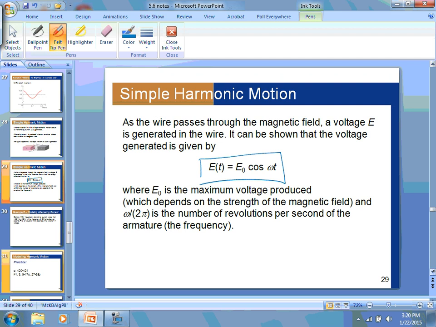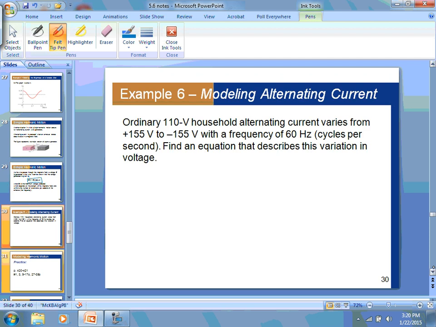So here, let's say that we have an ordinary 110 volt household alternating current, varies from 155 volts to negative 155 volts with a frequency of 60 hertz or cycles per second. So we're going to write an equation that describes this variation. So again, we're going to use this equation, E sub 0 cosine WT.